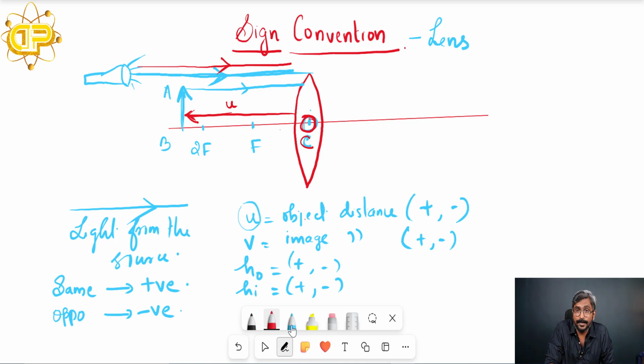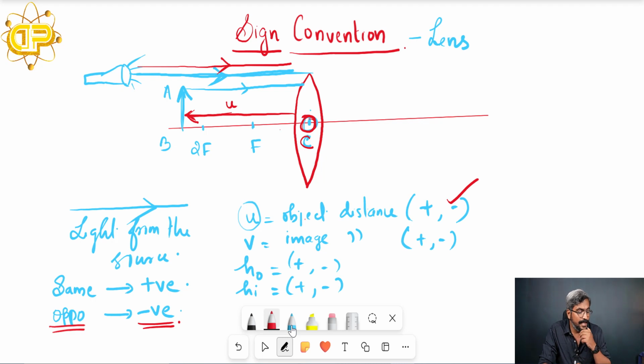So whether it is in the same direction or opposite direction, obviously it will be in the opposite direction. Which sign will be assigned to that u? The opposite side will be given a negative value. So this will be a negative value. Got it?